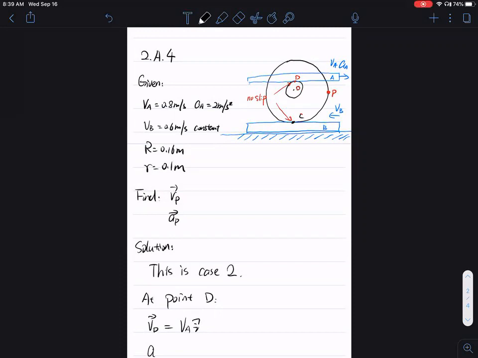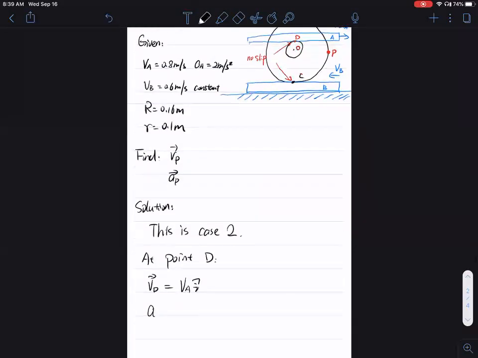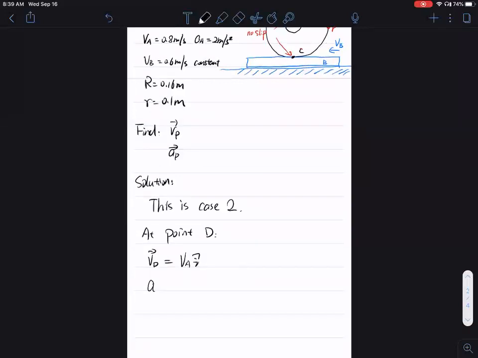Block A is moving to the right, positive i direction, with the speed VA. So VD is just VA in the i direction.